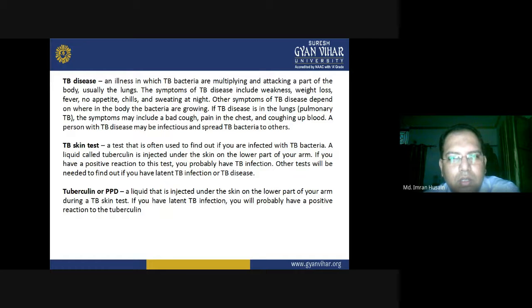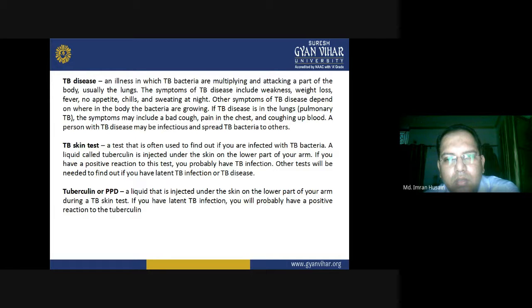TB disease is an illness in which TB bacteria are multiplying and attacking a part of the body, usually the lungs. The symptoms of TB disease include weakness, weight loss, fever, no appetite, chills, and sweating at night.